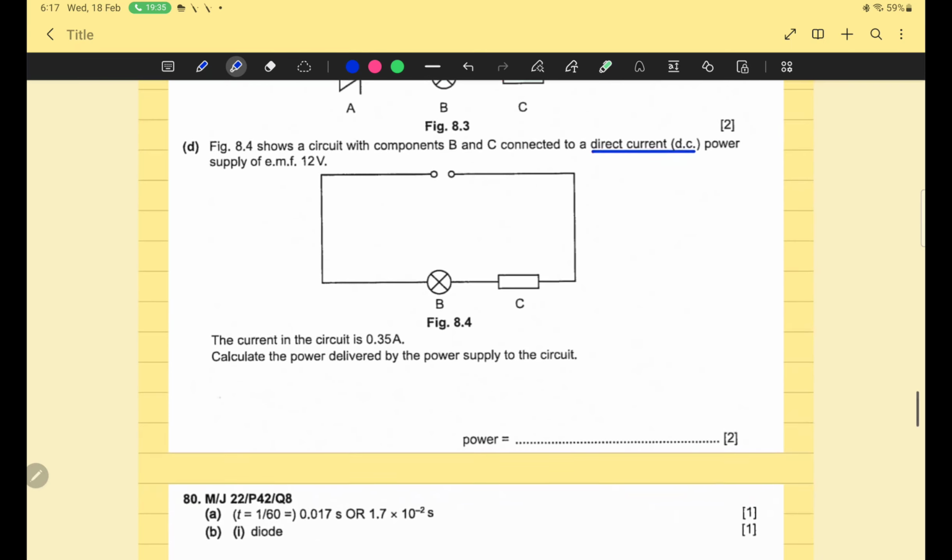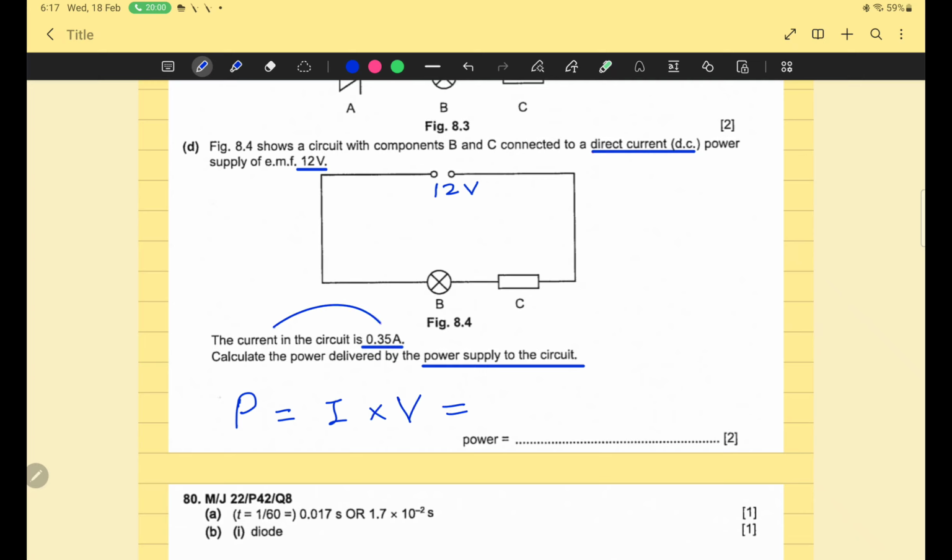Okay. And now the question is, we are given current. Current is 0.35 ampere. Calculate the power supplied to the circuit. And we are given the voltage of the battery as well. So now it is very simple. Power is equal to current into voltage.